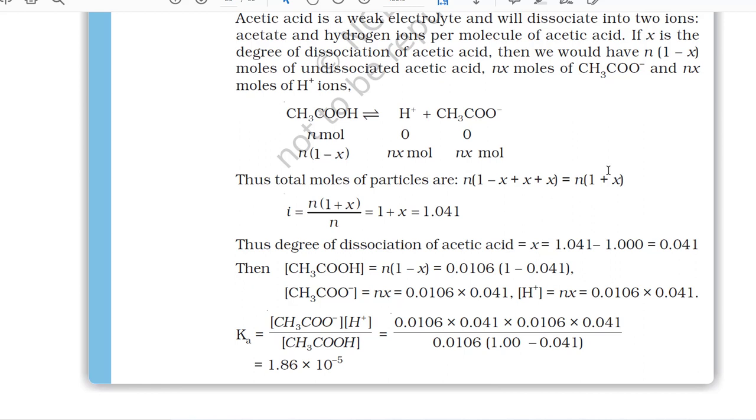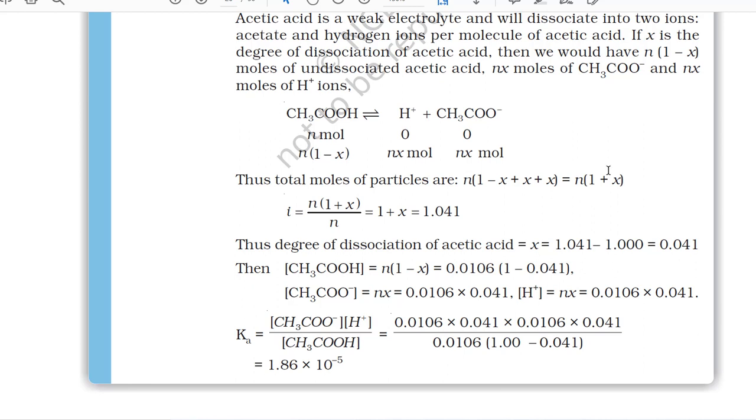Thus, total moles of particles are N(1 minus X) plus X plus X, which is equal to N(1 plus X). Van't Hoff factor is equal to N(1 plus X) upon N, which is equal to 1 plus X, equal to 1.041. Thus, degree of dissociation of acetic acid is X equal to 1.041 minus 1, which is equal to 0.041.